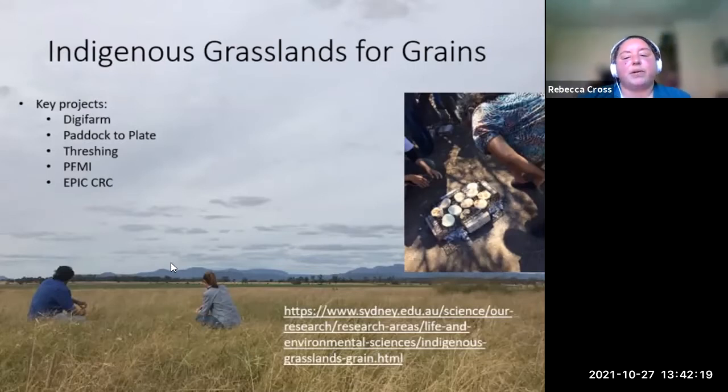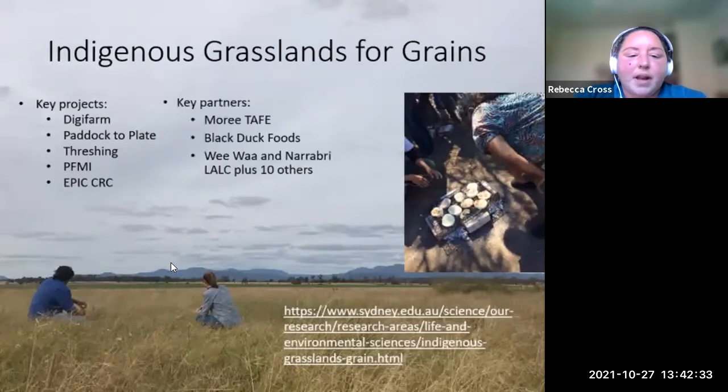And so there is a lot happening in this space, but I suppose the biggest strength of this project so far has been the authentic engagement that we have had with communities. And so some of our key partners are Black Duck Foods, as I mentioned, as well as Waa LALC, Narrabri LALC, and 10 other LALCs in the Gamilaraay country.